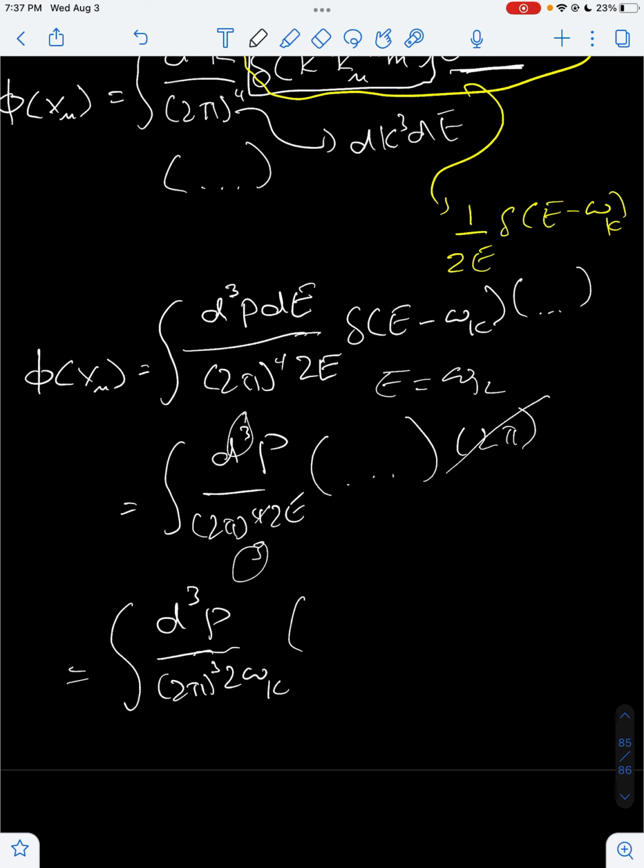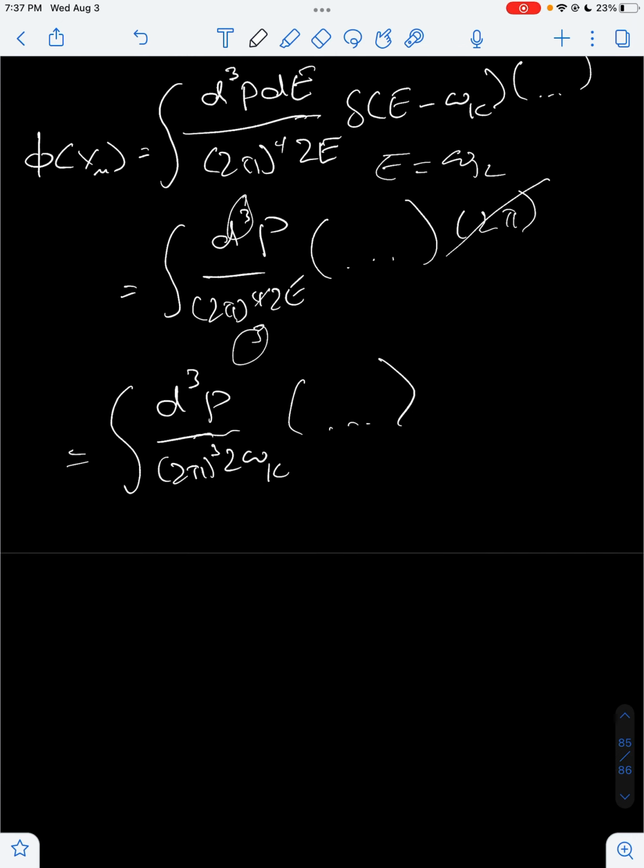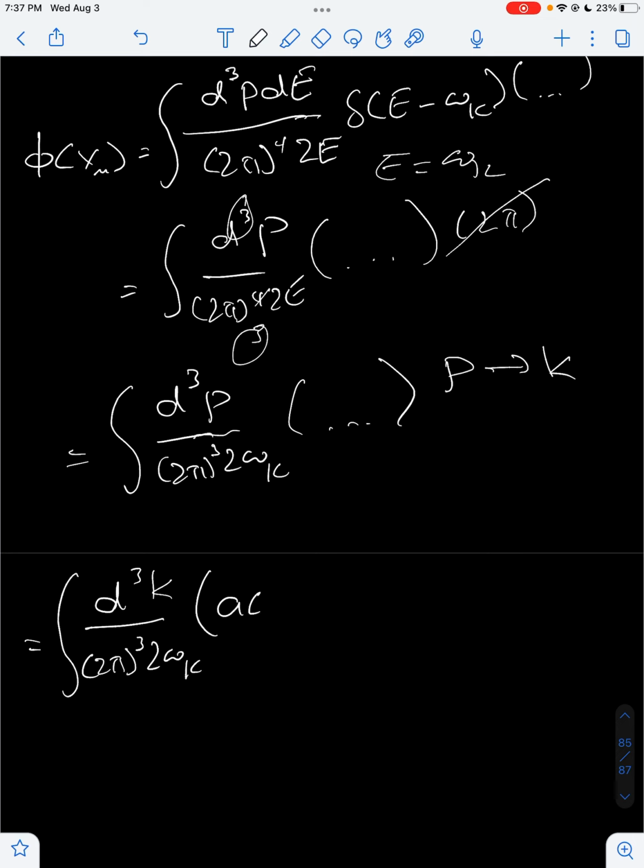So now we have this. By substituting p back for k, we get the integral over our momenta, d^3k over 2 pi cubed 2 omega k, times a of k mu e to the minus i k mu x mu plus b of k mu e to the i k mu x mu.